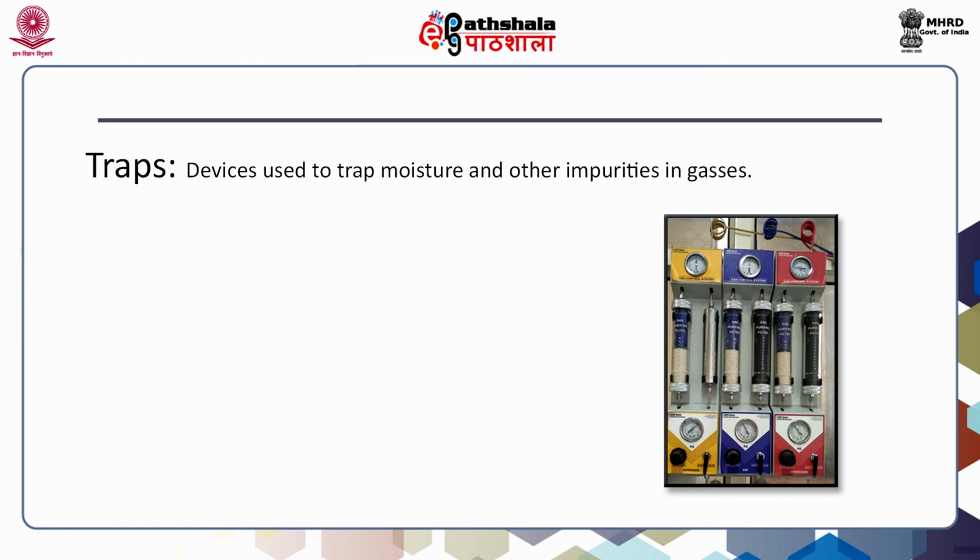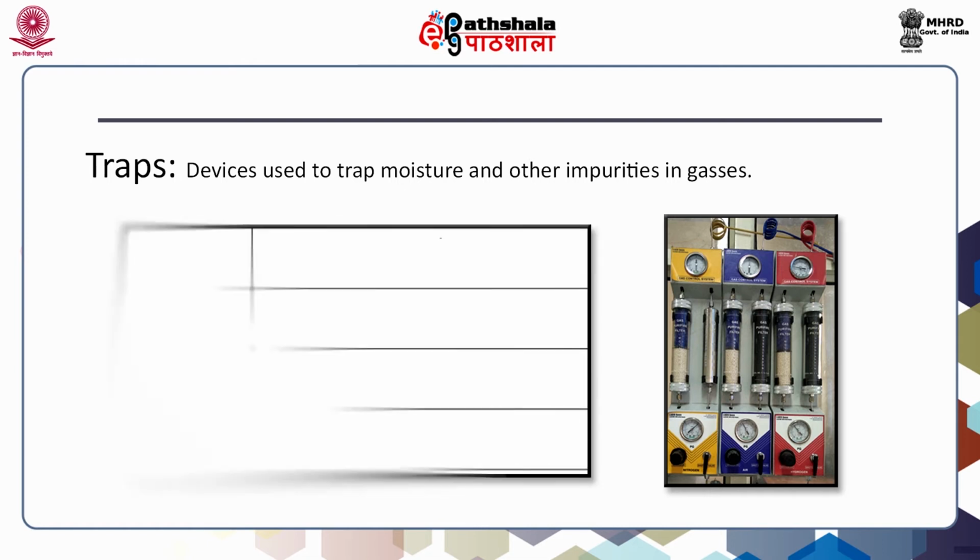Though the companies from where we procure these gases take care of these things, now the facilities and instrumentation are available where we can be doubly assured. So, different kinds of traps are provided by the gas liquid chromatography manufacturers, known as traps or trap devices, which can trap the moisture or the impurities present in the gases.